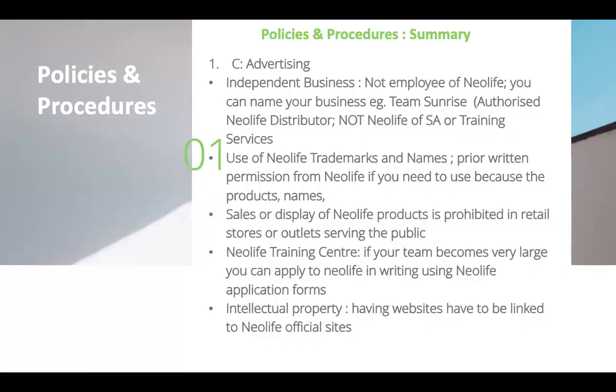You need to call it by your name and write in brackets, a Neolife independent distributor. Okay? Why is this important? Because you always need to separate yourself as a person, as a distributor, from the company. Remember, this company has been in existence for 68 years. Distributors come and go. Therefore, you cannot appropriate for yourself something that belongs to Neolife.